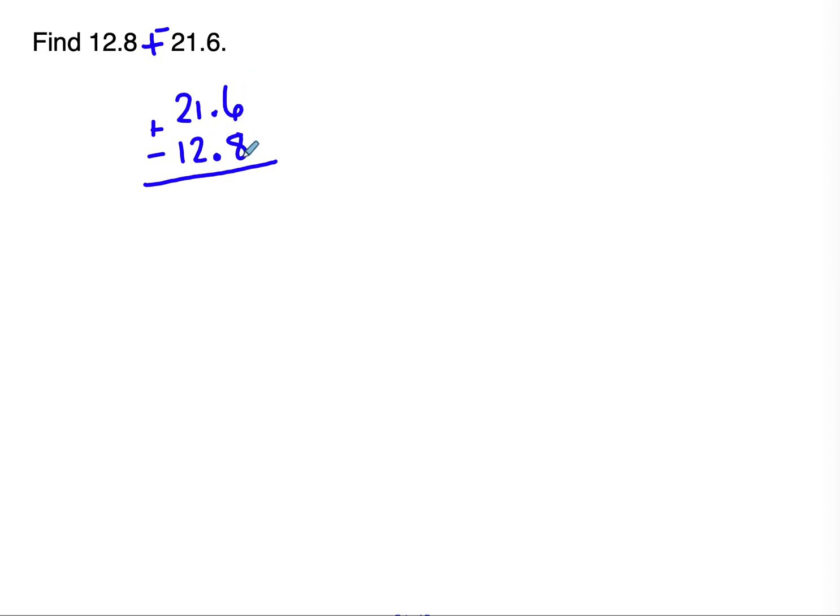Okay, 6 minus 8 takes me into the negative, so I need to borrow. I'm going to go over to the 1, I'm going to make that a 0, and I'm going to change my 6 into a 16. 16 minus 8 is 8. Okay, I've got decimals to bring down. 0 minus 2, can't do that without going into the negatives, which means I'm going to borrow over here.